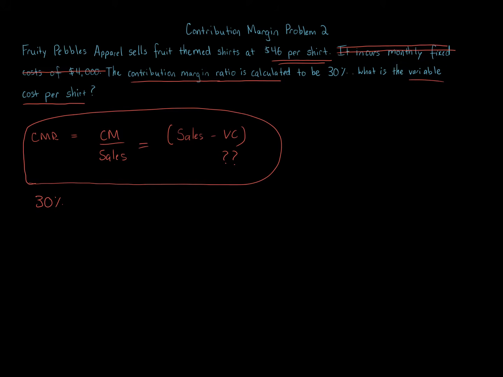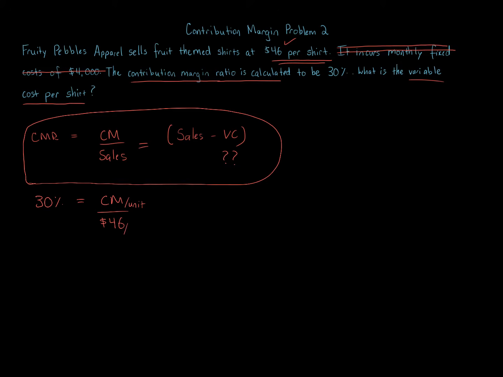We are given $46 per unit, per shirt, I should say. So we can go ahead and use that information. So contribution margin over $46. We're looking for the contribution margin per unit or per shirt.